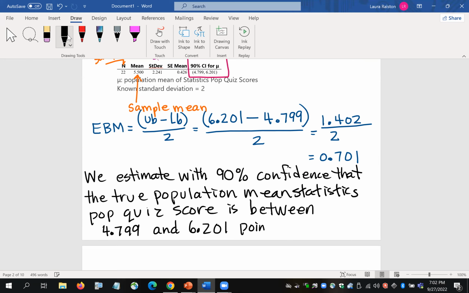We can assume those are points. It doesn't necessarily say that in the problem, but I can make that assumption. And there you go.